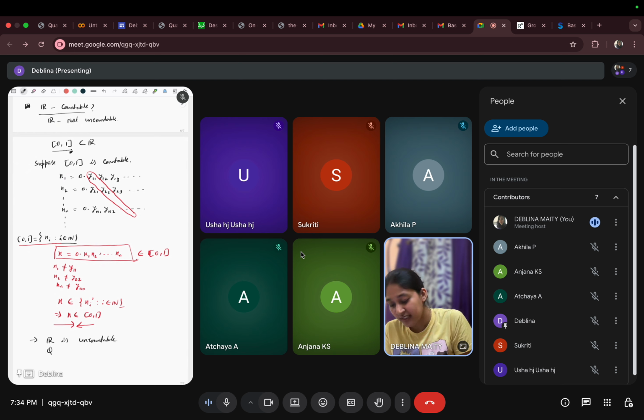And we have proved that Q is countable. So this means all the irrational numbers, R minus Q, form an uncountable set.